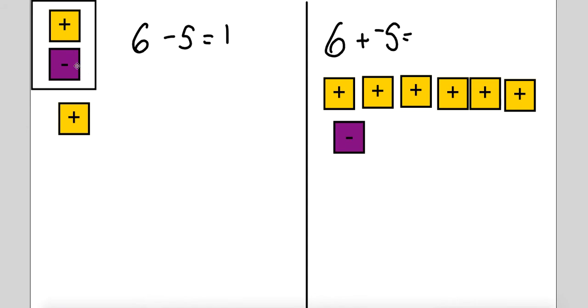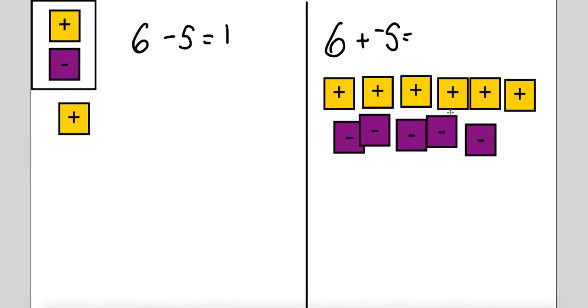So 1, 2, 3, 4, and 5. And if you remember earlier, we know that these cancel out. 1, 2, 3, 4, 5, till we're only left with 1 positive integer chip. So positive 6 plus negative 5 is just going to give me 1.